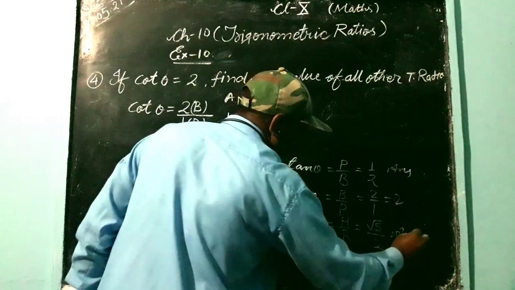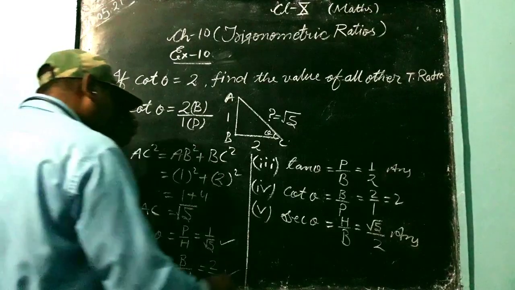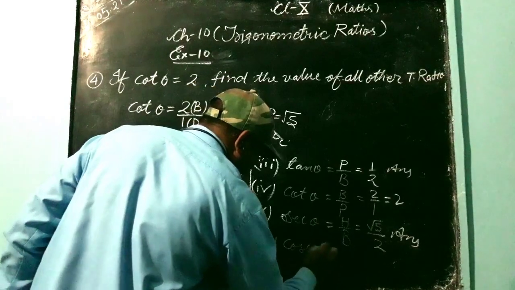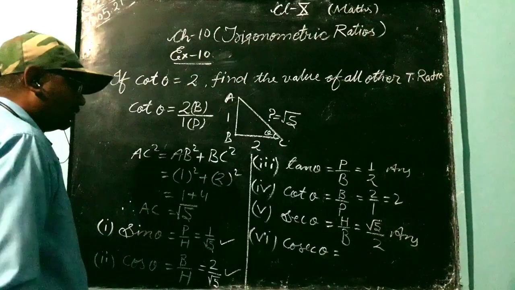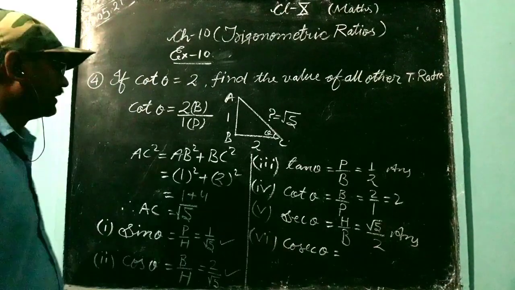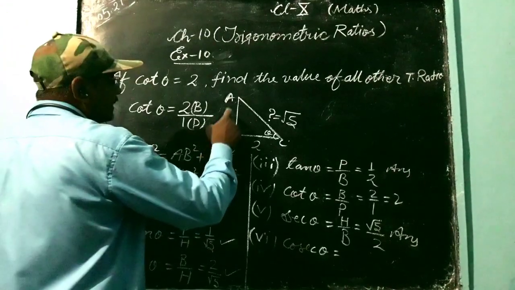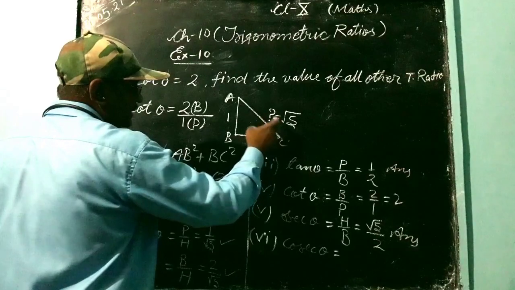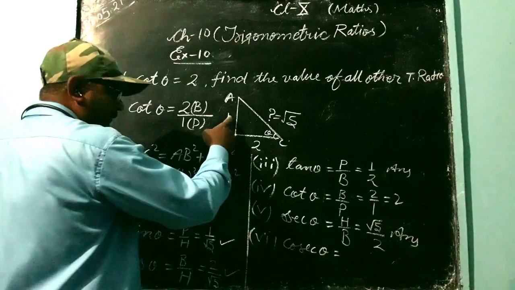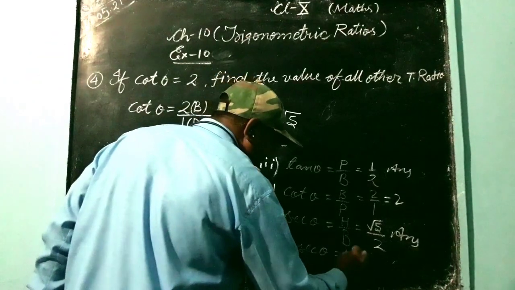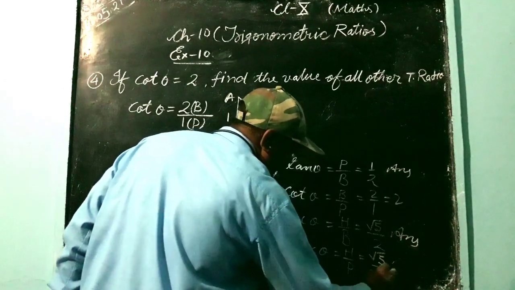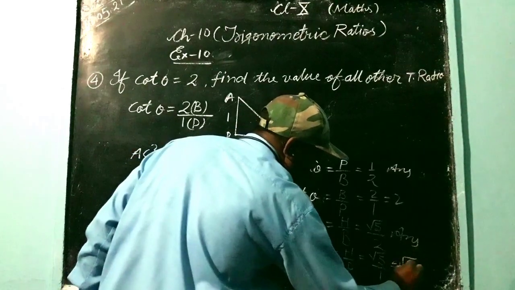Now the last, the sixth, will be cosec theta. Cosec theta is the opposite of sin theta, which is perpendicular upon hypotenuse, so cosec is H upon P, that is under root 5 upon 1, which is under root 5 only.